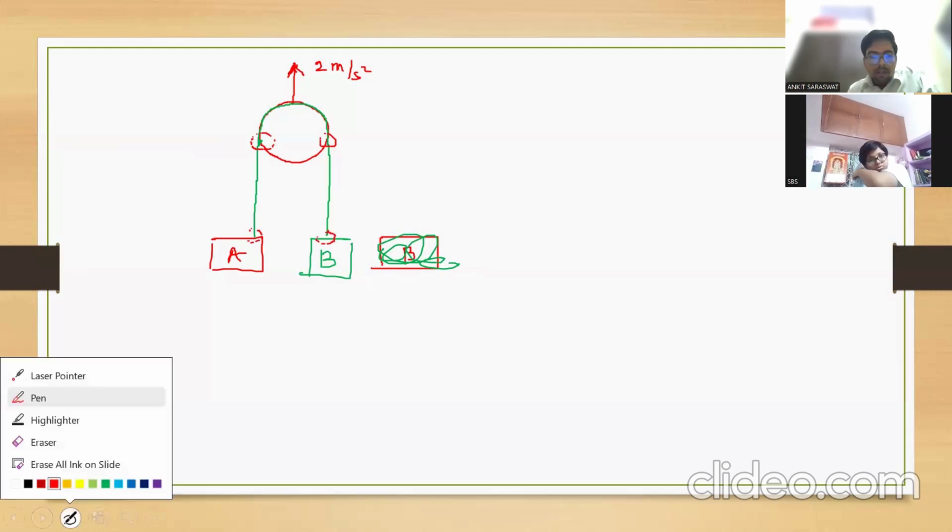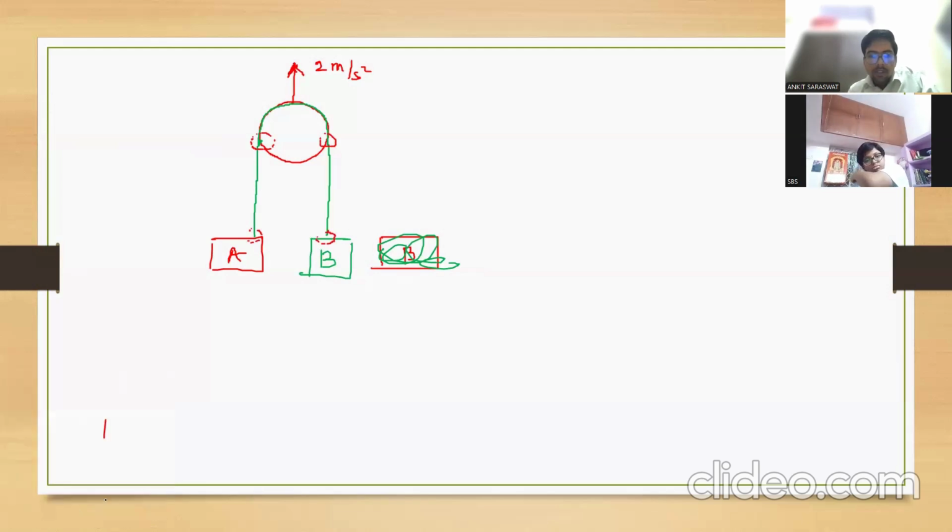Now, over the whole pulley, I am telling again. In this question, for example, if this pulley is going up with 2 meter per second square, then first find the acceleration of block B. How will you find it?